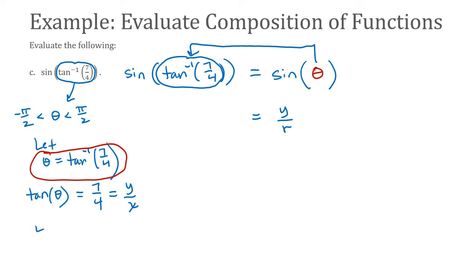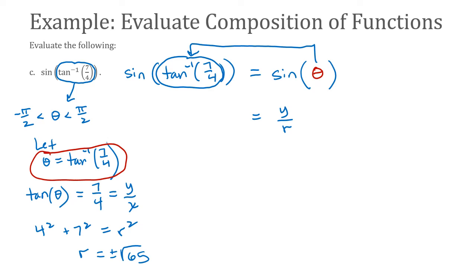So I can say that 4 to the second plus 7 to the second is equal to r to the second. And I'll let you do this arithmetic. I got 16 plus 49, and that equaled 65. So when I square root both sides, I got that r is equal to plus or minus the square root of 65. Now, is it the plus or is it the minus? Well, we have to go back to how we defined theta, right?